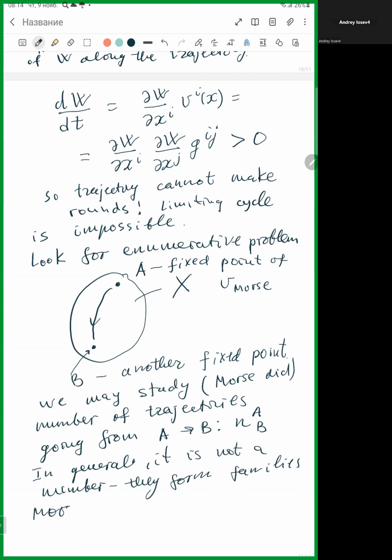However, Morse proposed to study only isolated trajectories. You see, now I'm outlining the idea, okay? I don't want to go into detail.